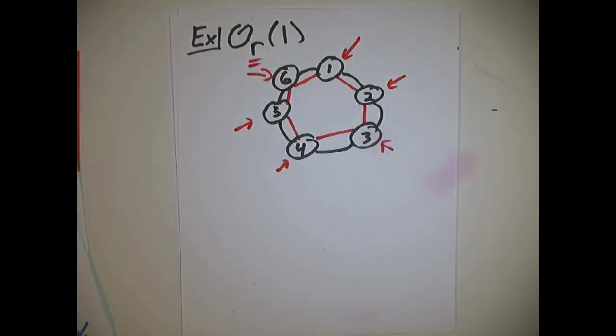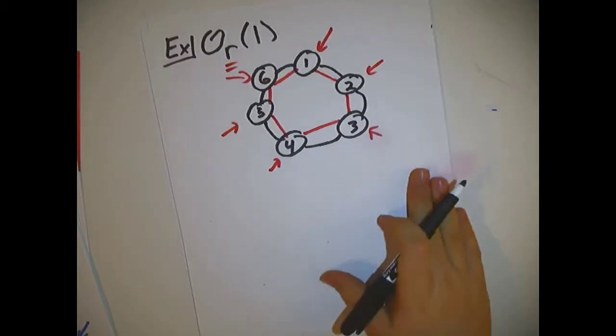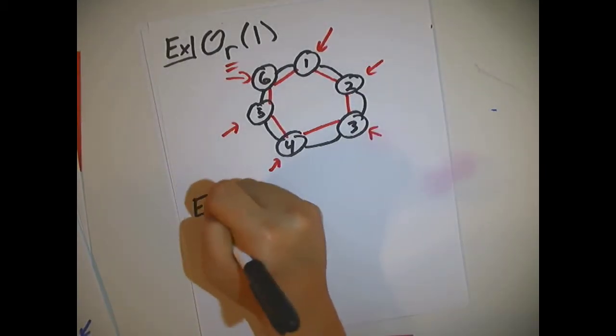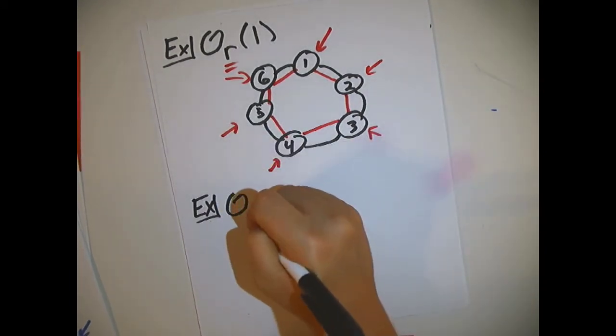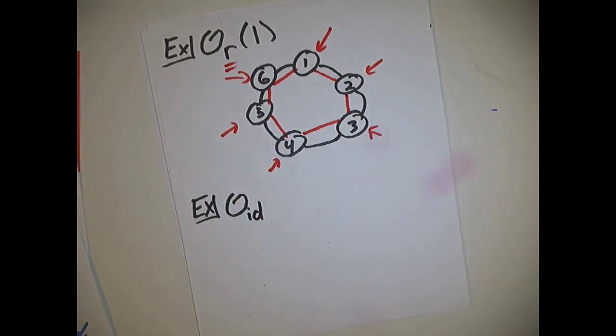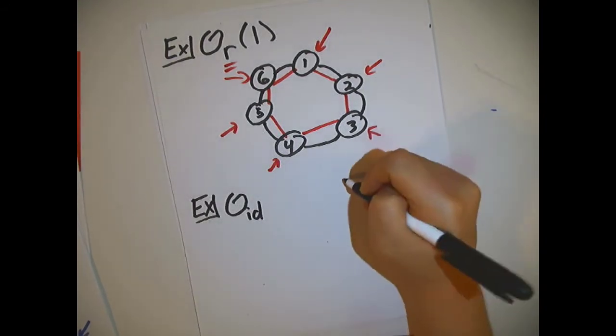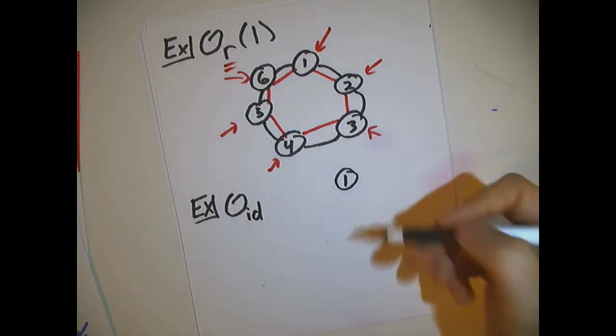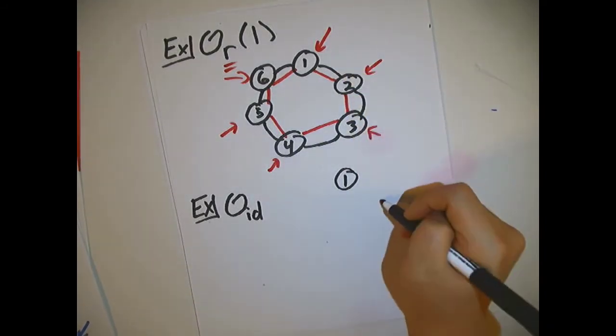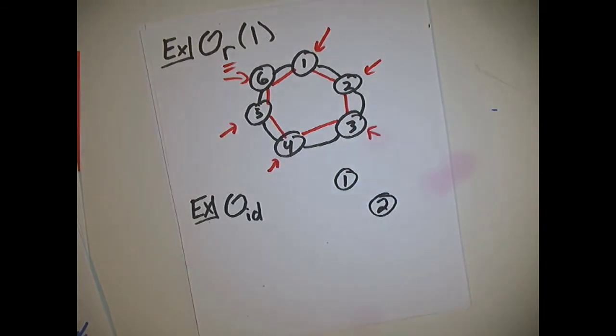Okay, so there are 2 more examples I'd like to do, just to make sure we're super on the same page. Okay, so I want to look at O, the identity. And so this is the symmetry, remember, that doesn't do anything. So if I look at where 1 goes under this symmetry, 1 doesn't go anywhere. So the orbit of 1 is 1. If I look at 2, it doesn't go anywhere, so the orbit of 2 is 2, and so on.